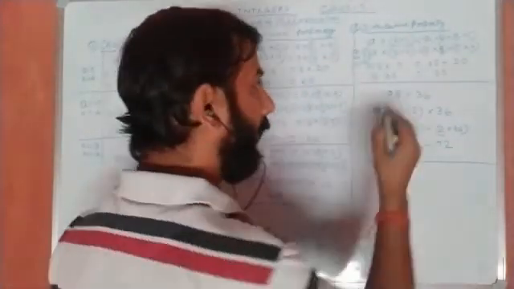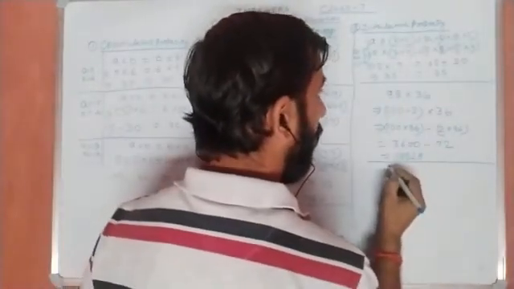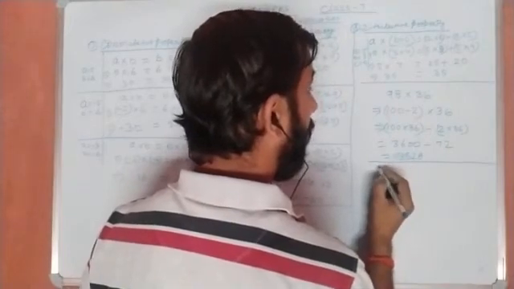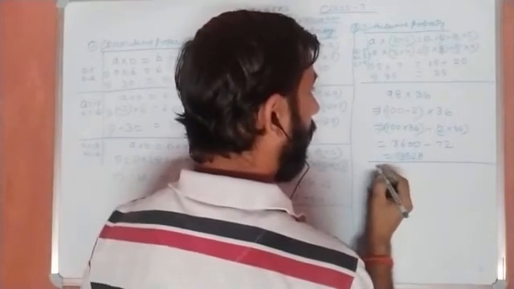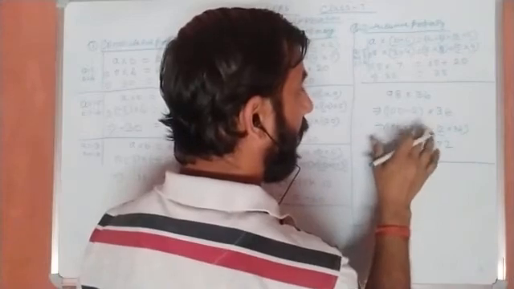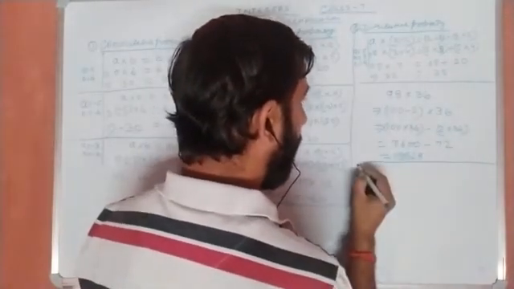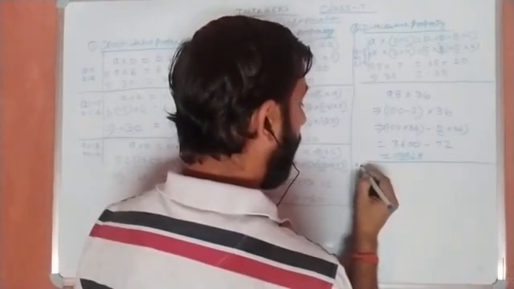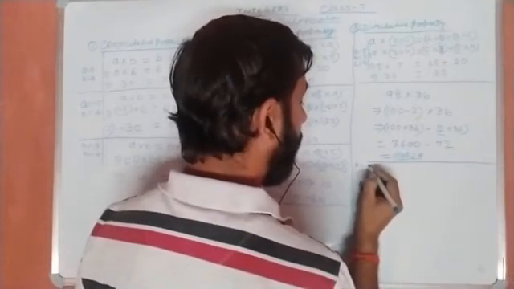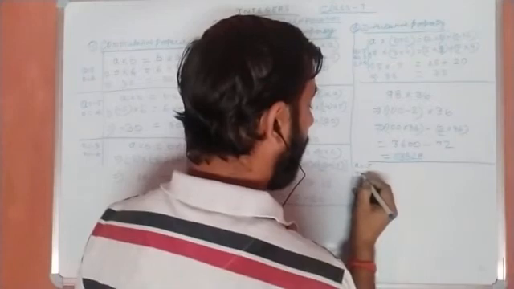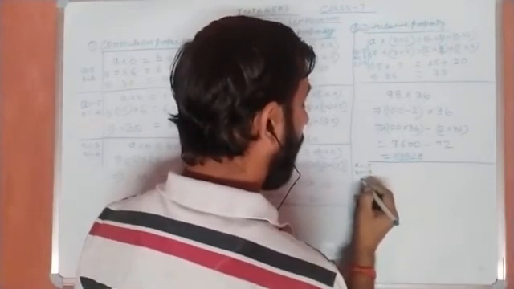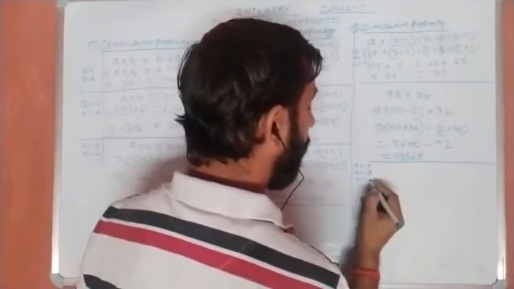Suppose in multiplication here is also the negative sign. I am just taking A equals minus 5, B equals minus 3, C equals minus 4.